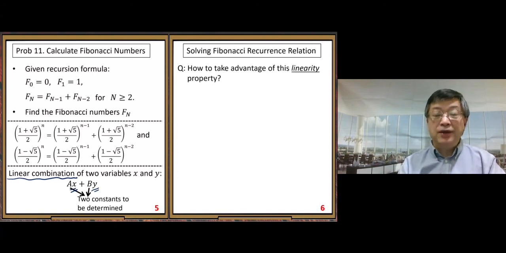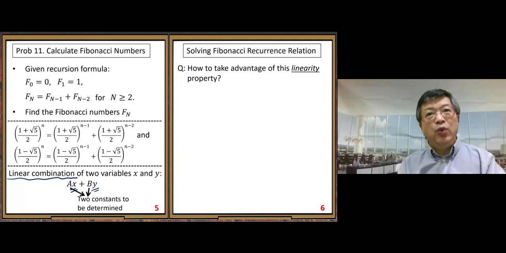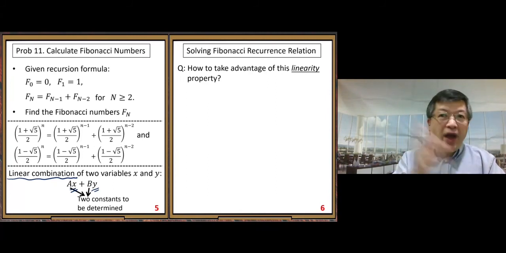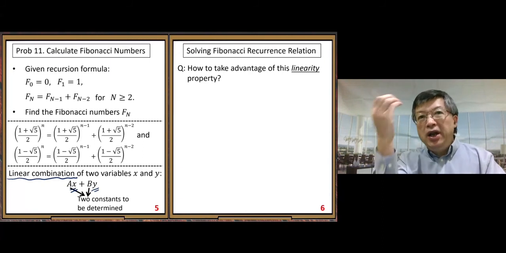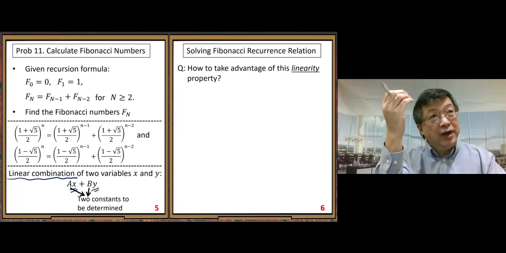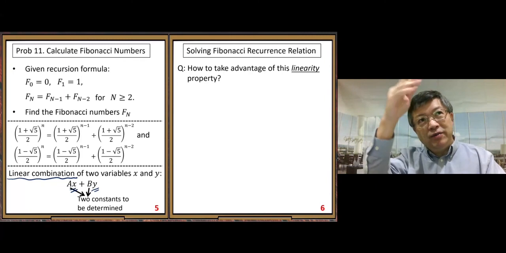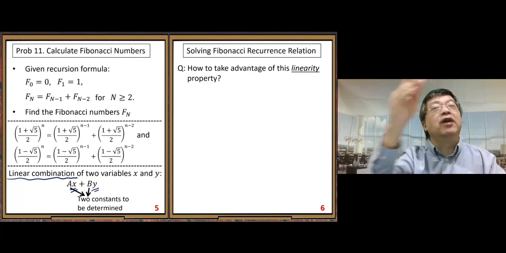So this time, with this concept, we want to take advantage of the linearity. Remember the name of our recurrence relation: second order homogeneous, but the main keyword is linear recurrence relation.